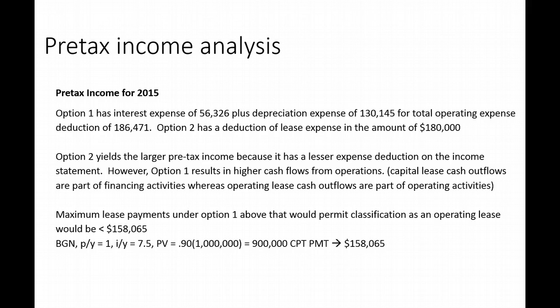And now we've done a little bit of analysis. The typical kinds of analysis that we would be doing would be what happens to pre-tax income, maybe what happens to cash flows, or how are cash flows different between the two options. Hopefully that helps you understand the accounting for leases a little bit better.